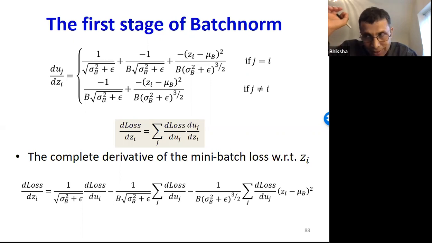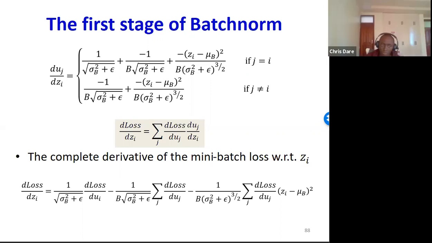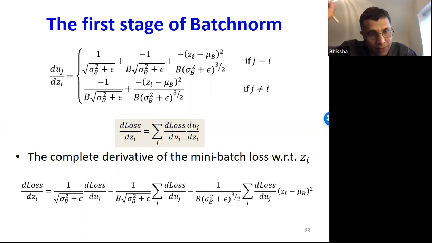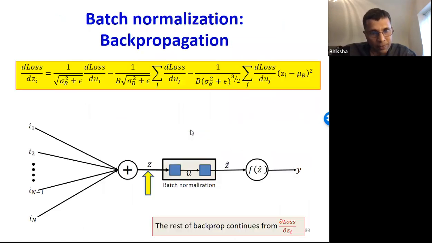Did that make sense? Yes, right? Because the derivative of the loss with respect to the Zi's becomes either 0 or so small that continuing further makes no sense. So for batch norm to work, you need diversity within the mini batch.